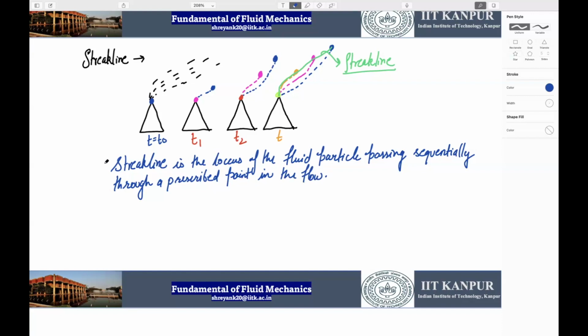Okay, so this is what a streak line is, and the equation of the streak line is given by x is the position of the injection plus the integral of Vx dt, from the time of injection to some present time.